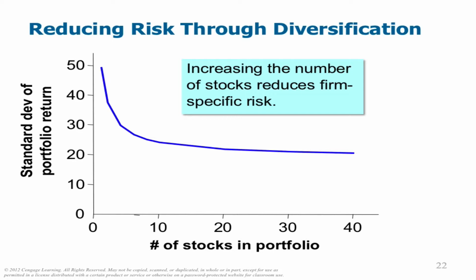So when we think about investing, if you have $10,000 and you buy one stock, are you diversified? No. If you buy two stocks, are you diversified? No. 3? No. 4? No. 5? Well, what if I'm gonna buy 5 different companies.